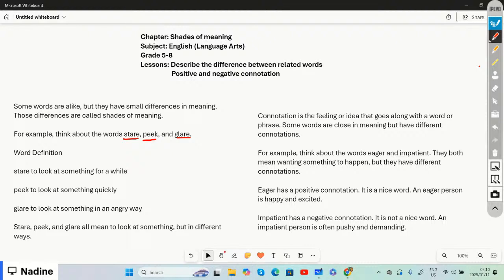If you look at all three of those words, yes, it means to look at something, but it's to look at something in different ways, or to look at someone in different ways.